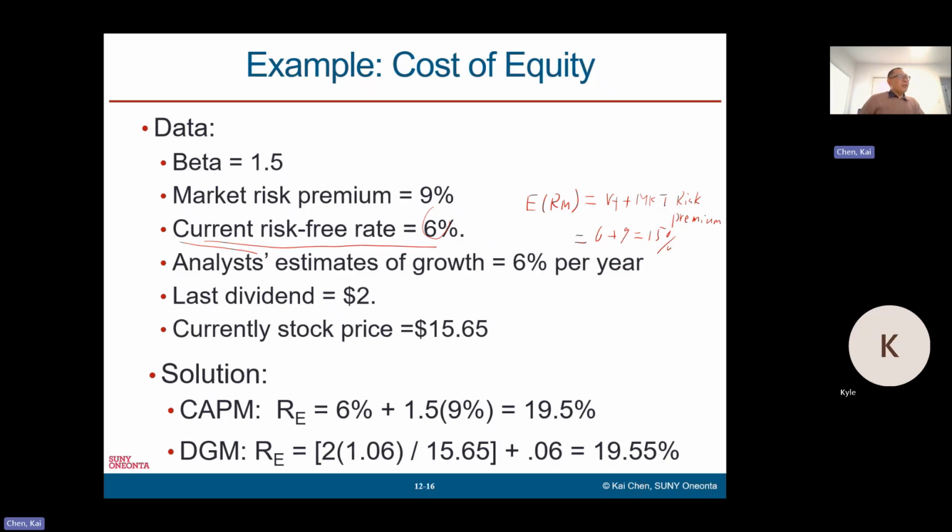Now we also know the analysts' estimate of the growth rate is 6% per year. That means the dividend will be growing at a constant rate of 6%. The last dividend paid is $2, and the current stock price is $15.65.